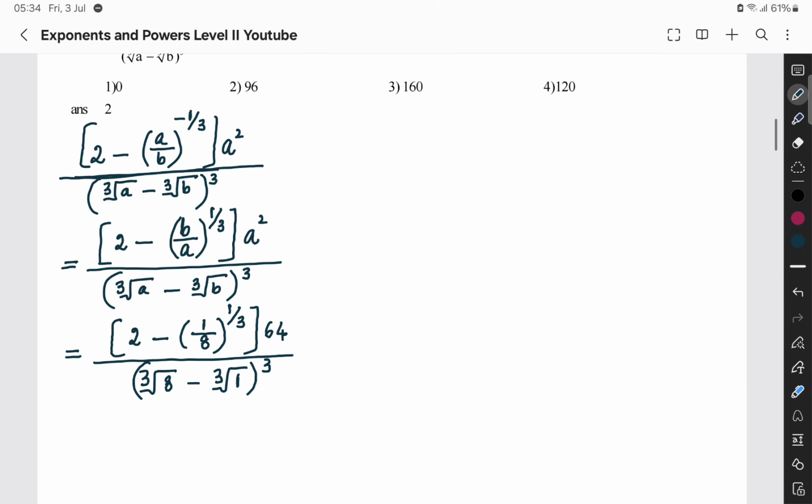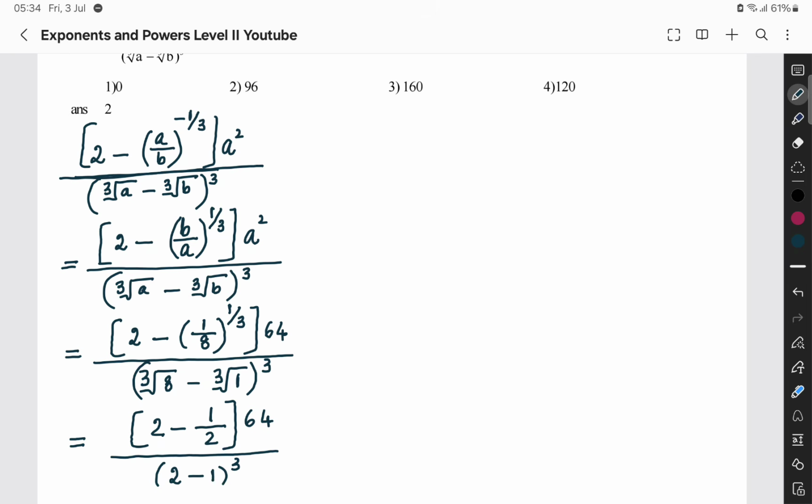Now it is 2 minus 1 by 8 whole power 1 by 3. That means cube root of 1 by 8. It can be written as 1 by 2 into 64 by cube root of 8 is 2 minus 1 whole cube.